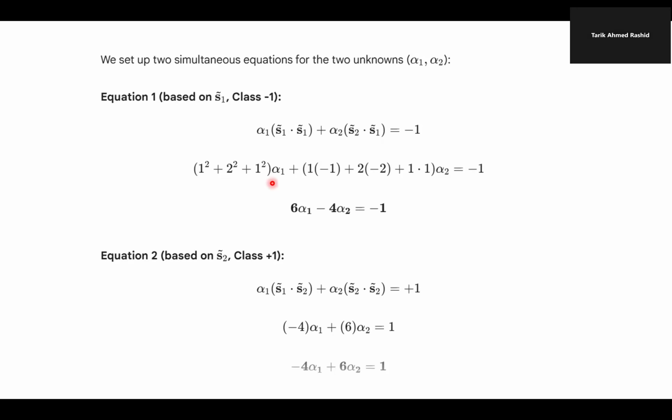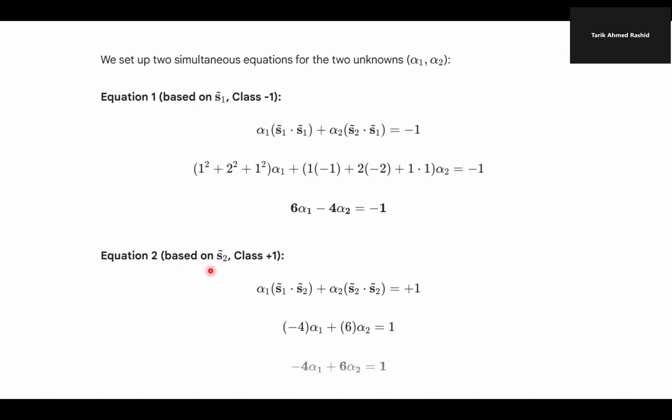These are the results: 1 multiplied by 1, 2 multiplied by 2, 1 multiplied by 1 for the first one, and for the second, support vector 2 multiplied by -1. So that's the equation found.